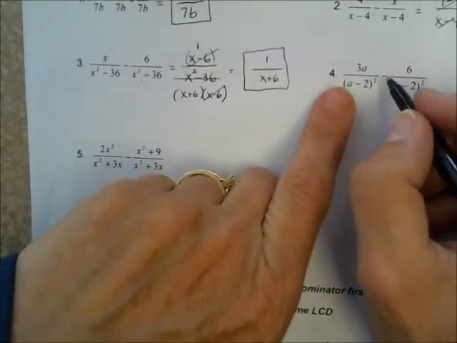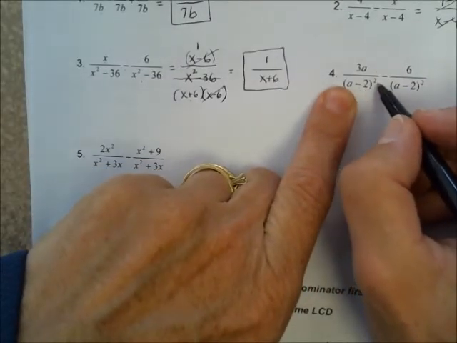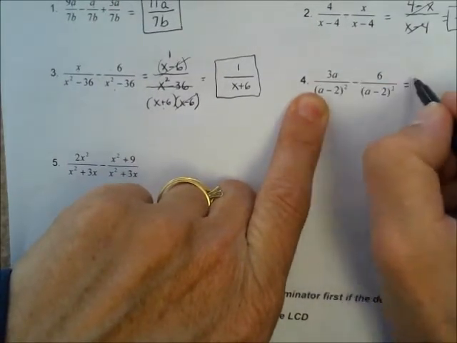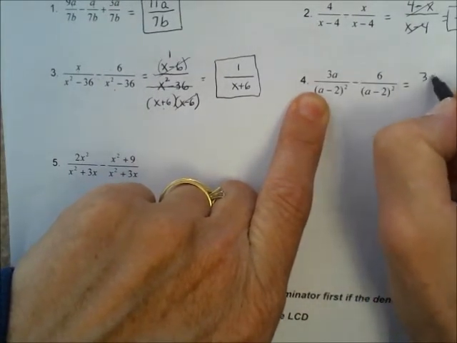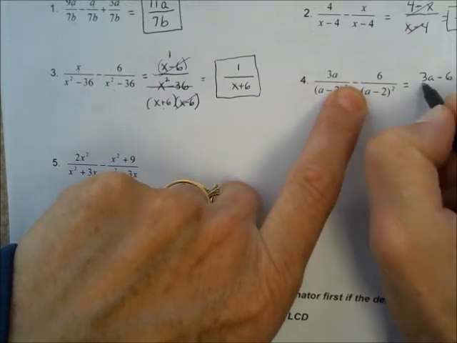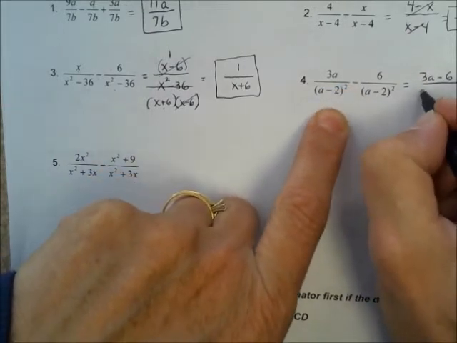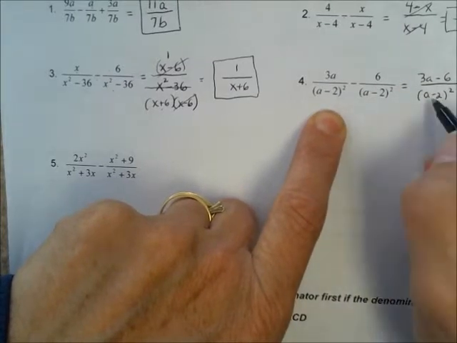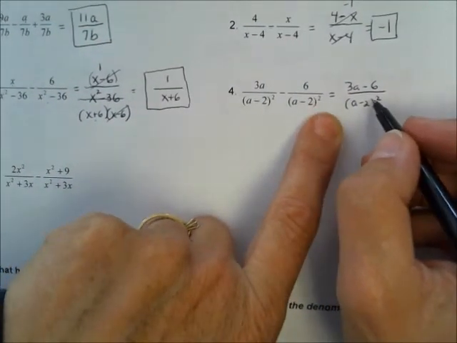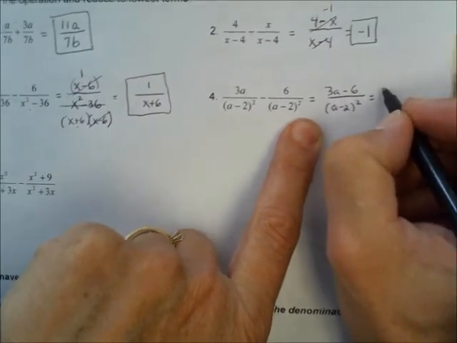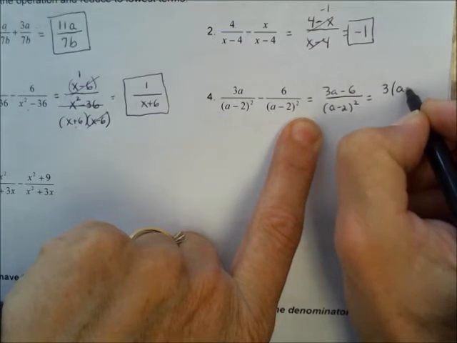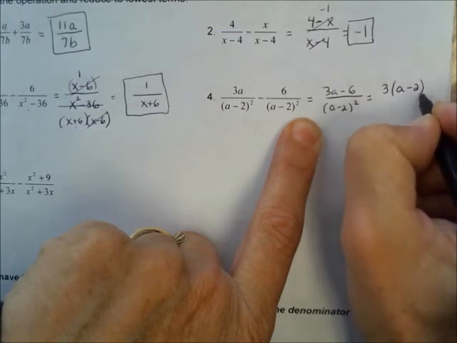In this example, we have a minus 2 squared as the common denominator. So we're just going to take 3a and subtract 6 from it. And then we just copy that denominator down as a minus 2 to the second power. The next step we're going to take is, because 3a minus 6 has a GCF, let's factor that 3 out, and you're going to be left with a minus 2.